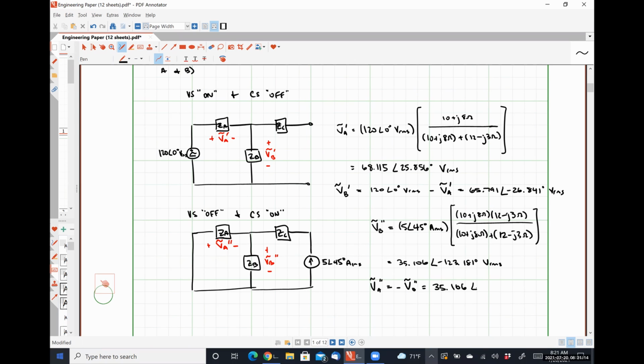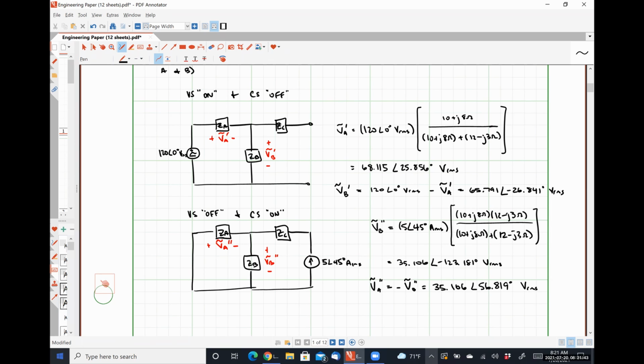So I need to add negative 123.181 plus 180, so positive 56.819 degrees. And this would be volts RMS.